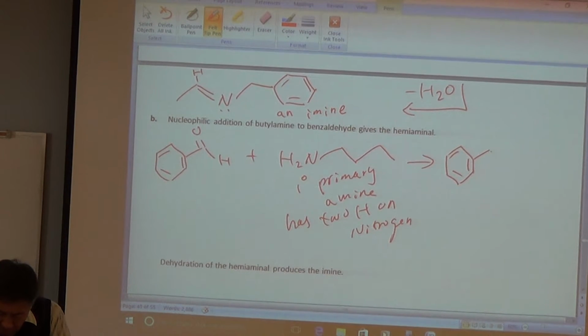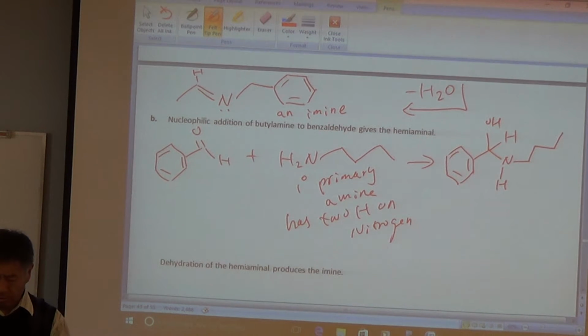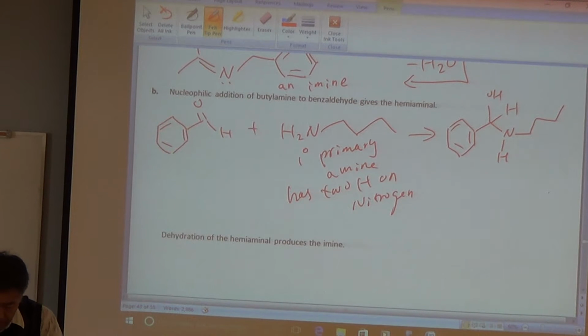So your hemiaminal has N and H, and then you will have this OH and H. This hemiaminal dehydrates, that means minus H2O.